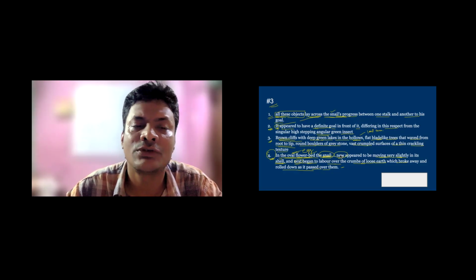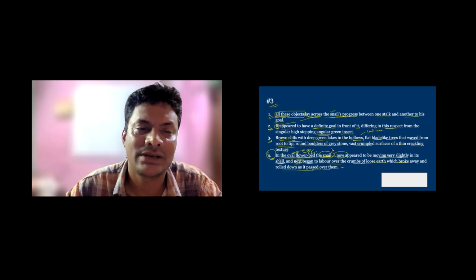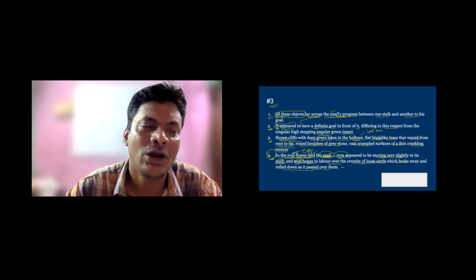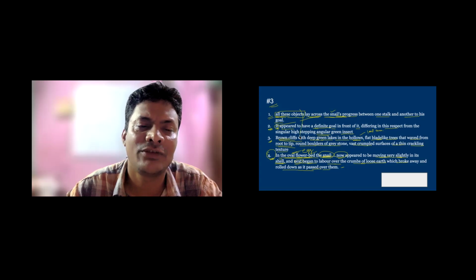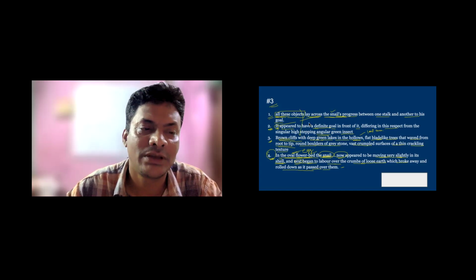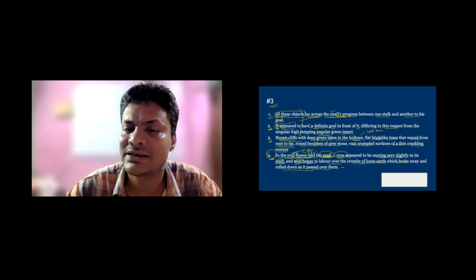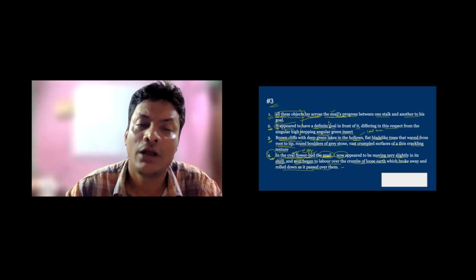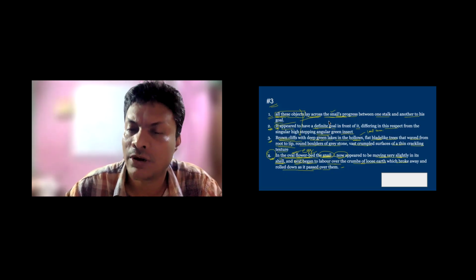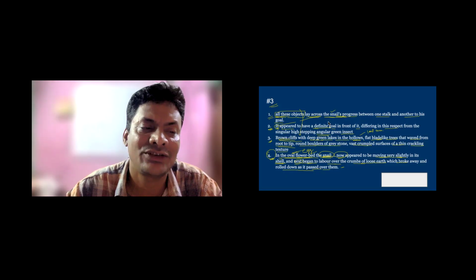Besides that, we also find the last one, option one, which states "all these objects lay across." What do all these things mean? It refers to the brown cliffs with the deep green lakes in the hollows, flat blade-like trees that waved from root to tip, round boulders of gray stone, and a vast crumpled surface of a thin crackling texture.